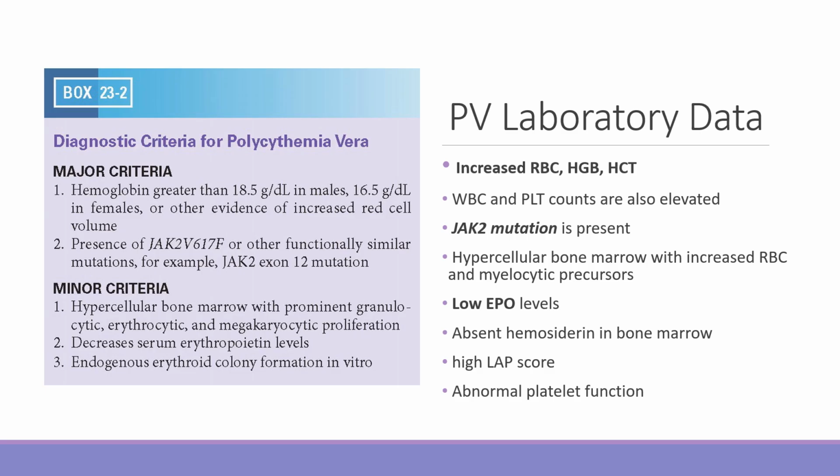What the JAK2 mutation does is essentially hijack erythropoietin and cause erythropoiesis or hematopoiesis in the absence of erythropoietin. So when we need more red blood cells, our kidneys recognize the low oxygenation or the greater need.